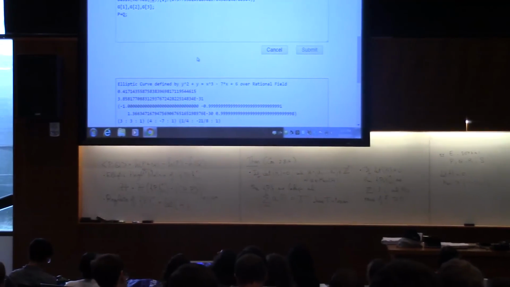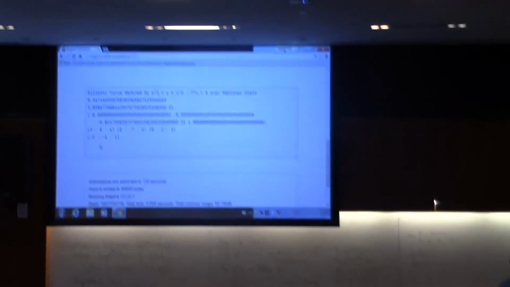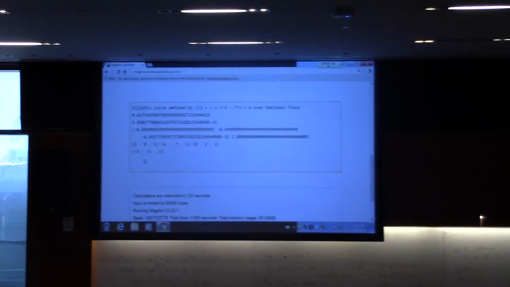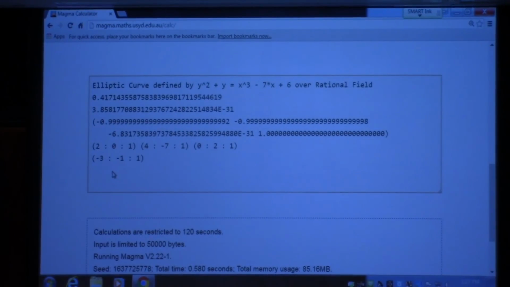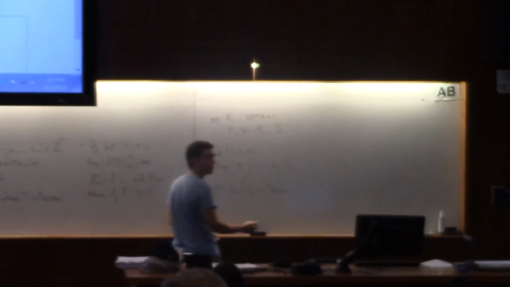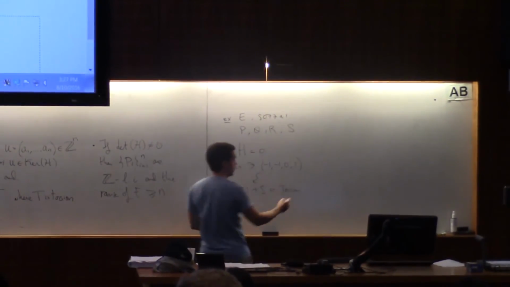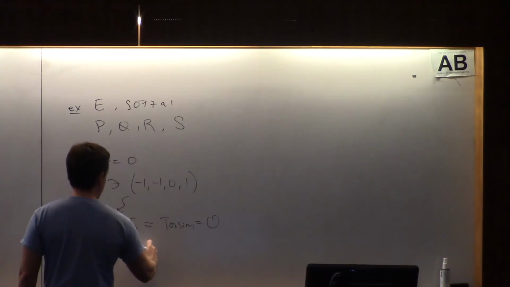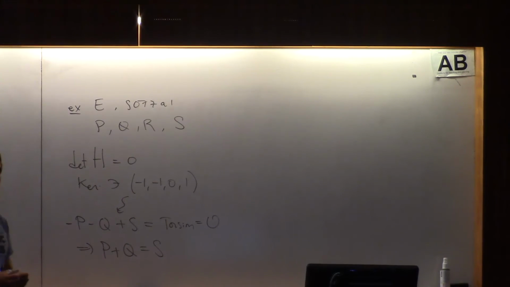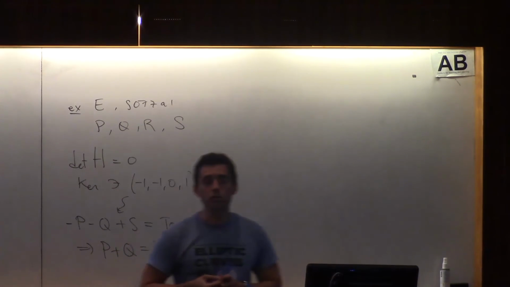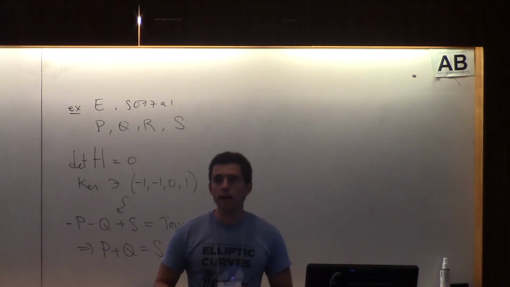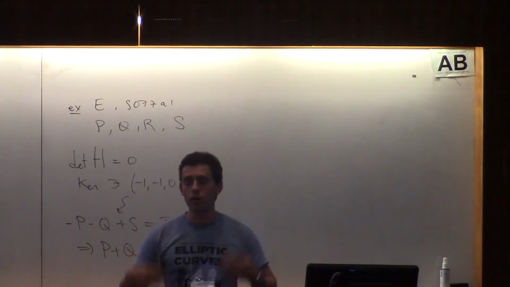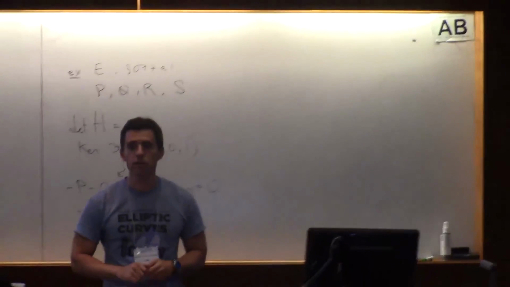That should hopefully be S. Okay, so I figured out then, this tells me that minus P minus Q plus S is torsion, but there is no torsion here other than O, so it has to be O. And that tells me then that P plus Q is S. So that minus 3, minus 1 is P plus Q. Okay? And that you can read off the kernel of your regulators.